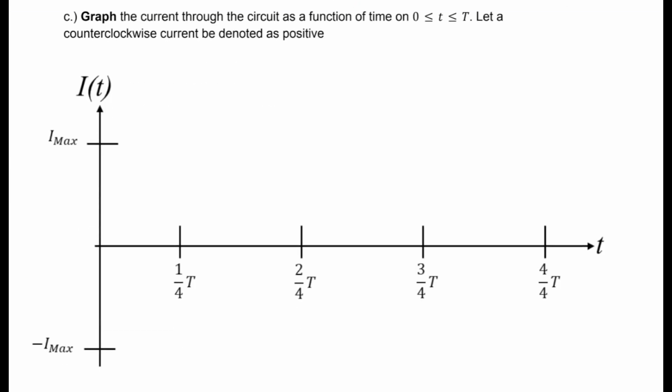And now we'll graph the current through the circuit as a function of time, letting a counterclockwise current be denoted as positive. The first thing we saw is that at the start, since there was no motion of charges, there was no current flow. But a quarter cycle later, we had maximum current flow because the entire capacitor was discharged. But it was clockwise.